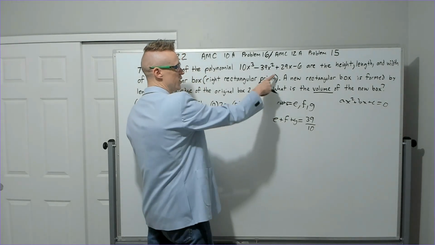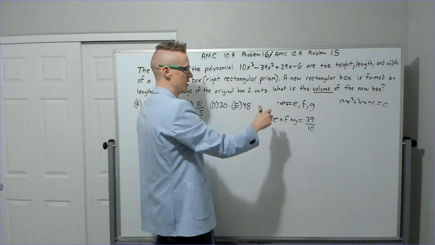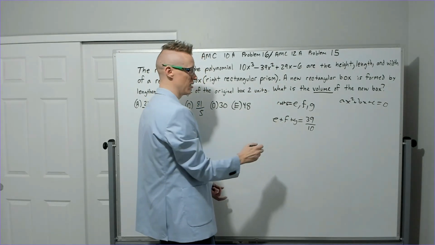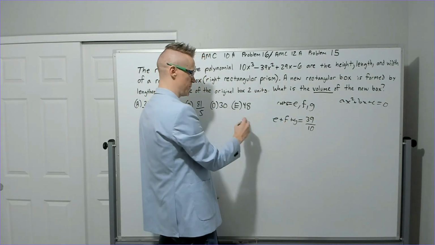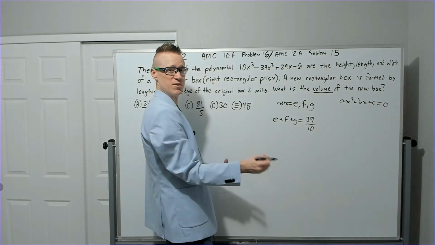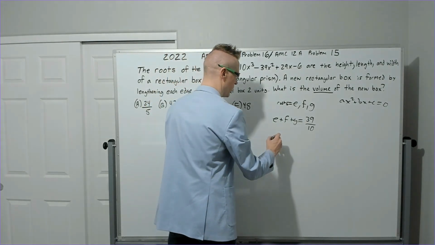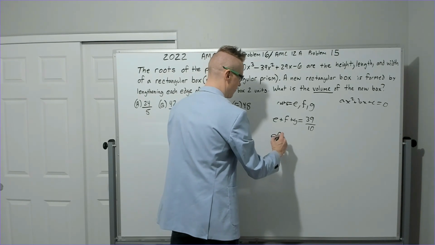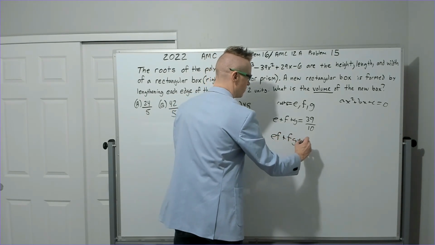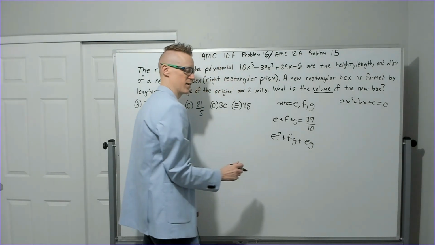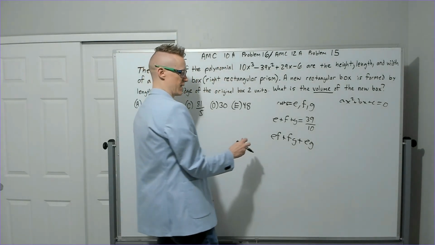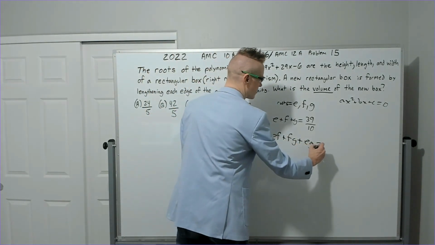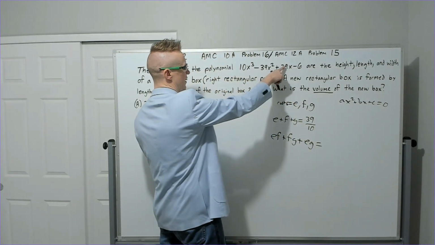All right, the next one is the pairwise products. Pairwise products is what it sounds like. We're taking these and we're making them into pairs. That would be E with F, E with G, and F with G. And so we're going to get EF plus FG plus EG, for example. All right, that's a pun. Anyhow, this is going to equal 29 over 10.